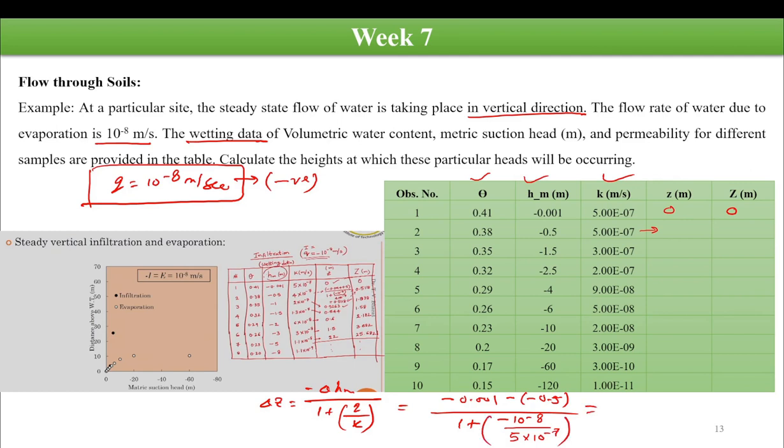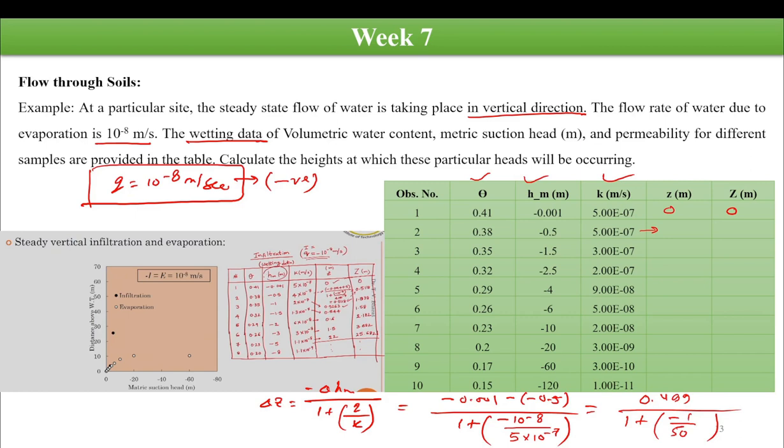Fine. So if we solve further, this will be minus 0.001 plus 0.5, making 0.499, divided by 1 plus, and this is going to be minus 1 by 50.